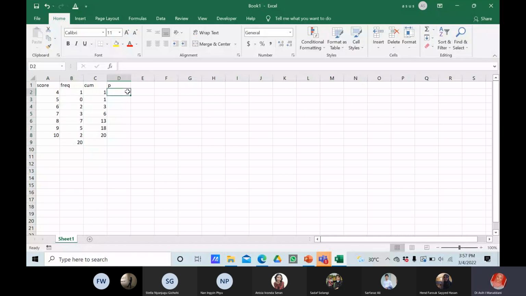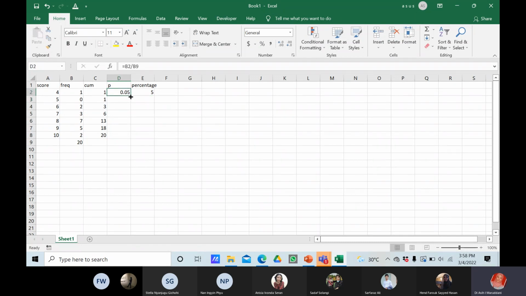Then the proportion should be the frequency divided by the number of the data. For score 1 it is 0.05. The percentage, I'm sorry, should be proportion times 100.